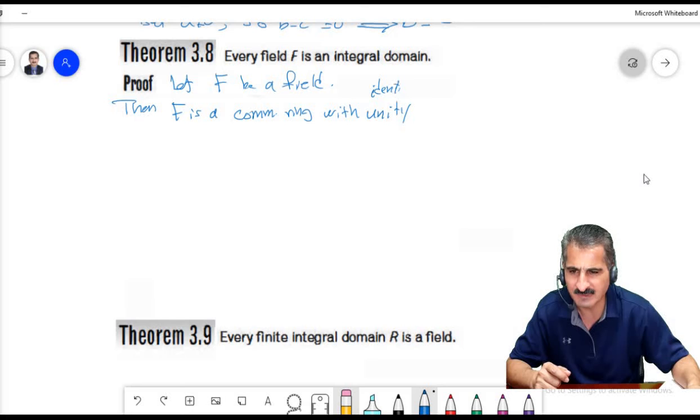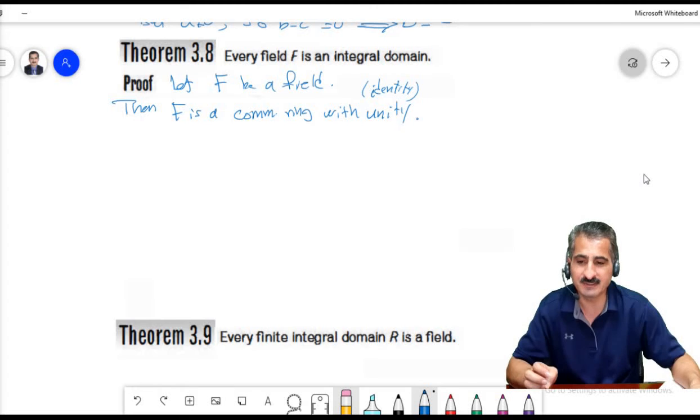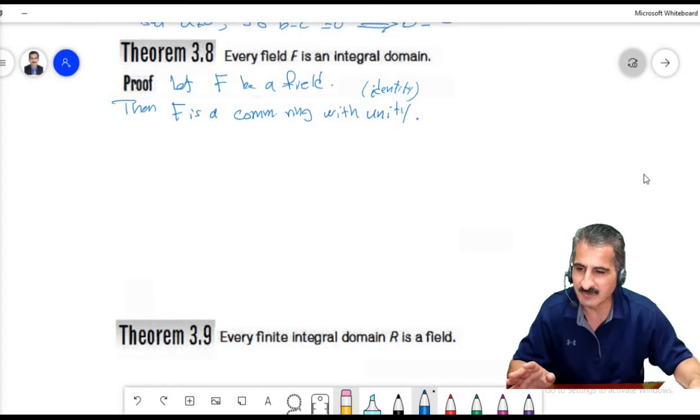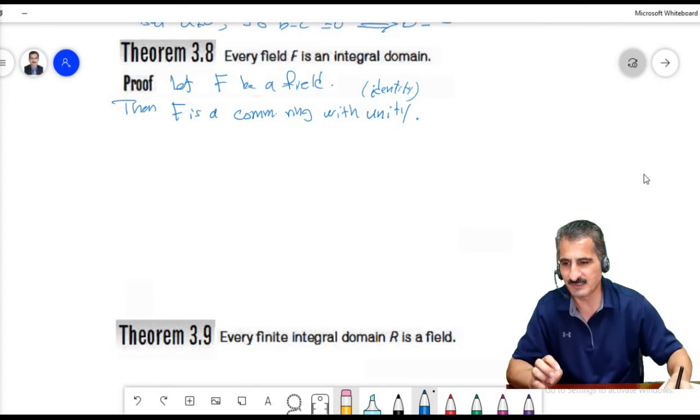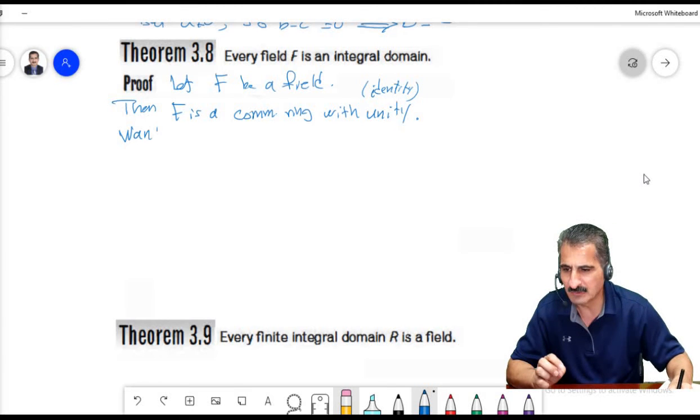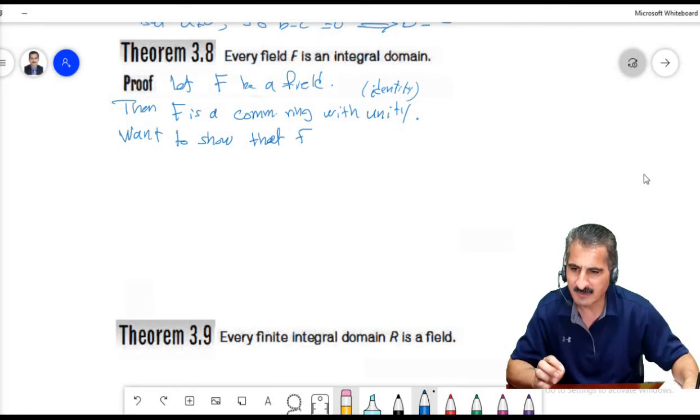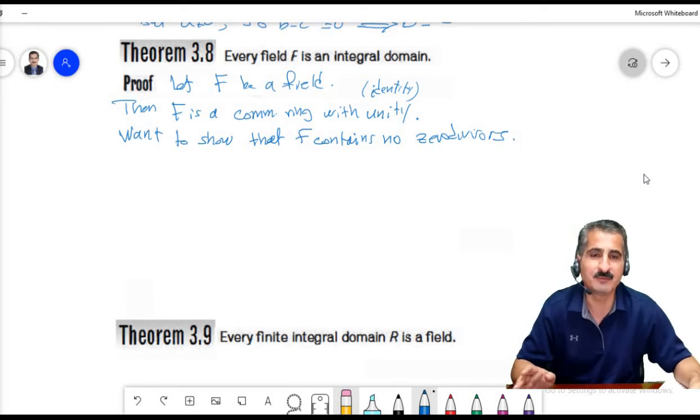So it's a commutative ring with identity. So the only axiom left to show is that there are no zero divisors. So we want to show that F contains no zero divisors. And how do we do it? The same as in the proof of the above theorem.